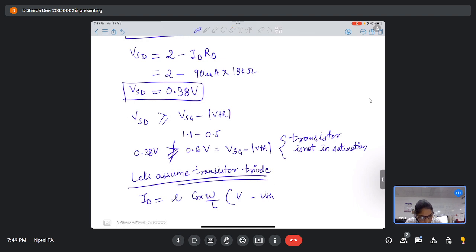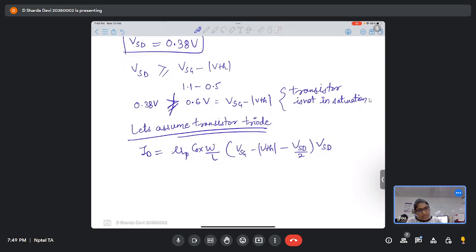Let me write it for P: (VSG minus mod VTH minus mod VSD by 2) into VSD. VSD we know, and ID we know, it is 90 microamps. This value is 0.5 into (2 minus Vg minus 0.5 minus 0.38 by 2) into 0.38.